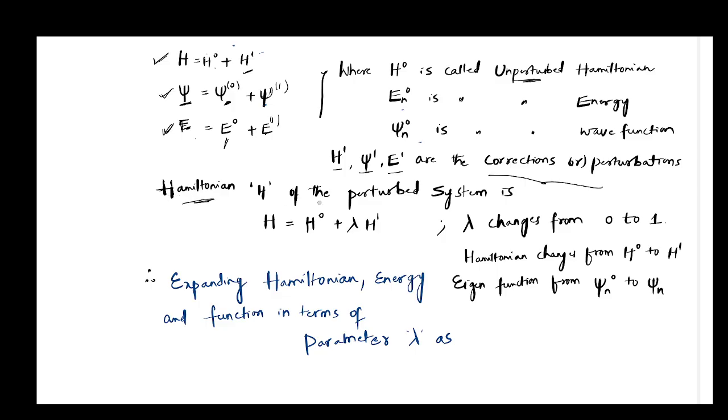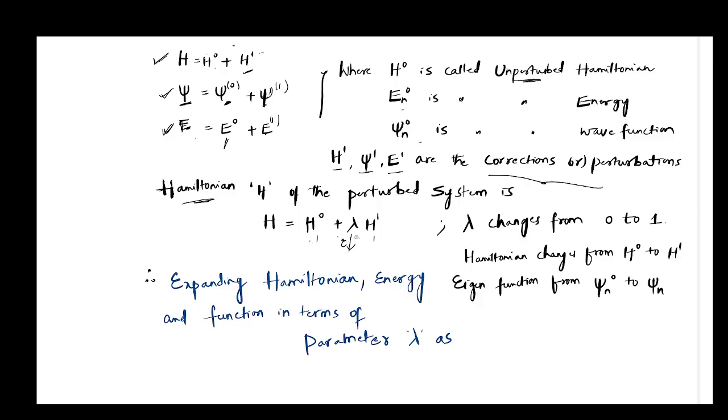The Hamiltonian H of the perturbed system you can write as H naught plus lambda H prime. This is the unperturbed Hamiltonian, this is the perturbed Hamiltonian, and lambda, or we can take any parameter like epsilon.